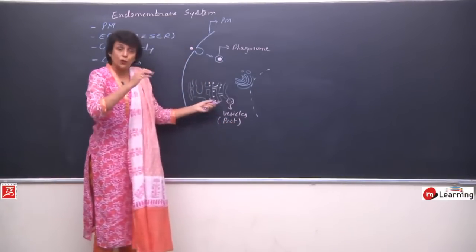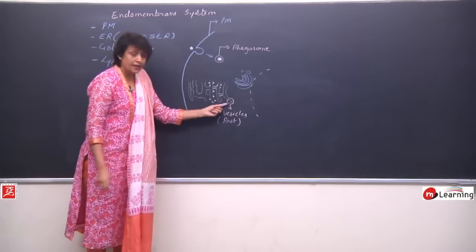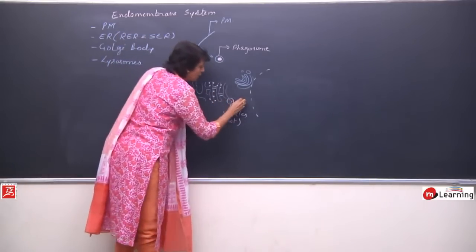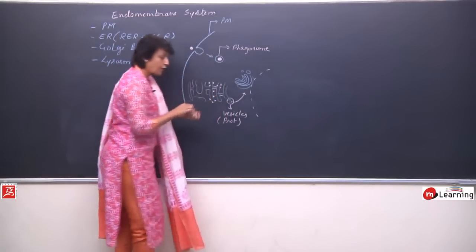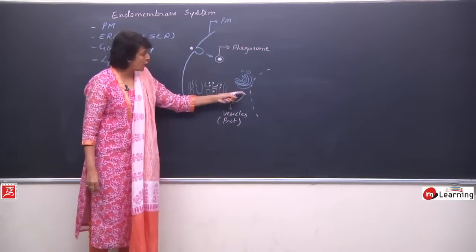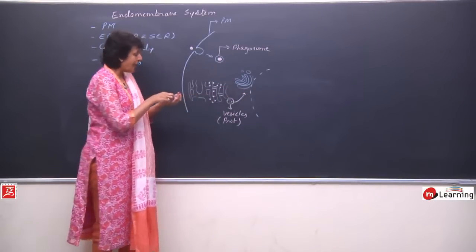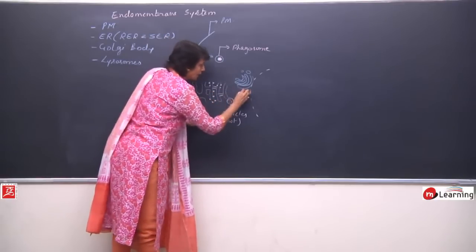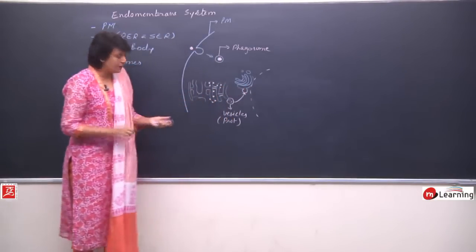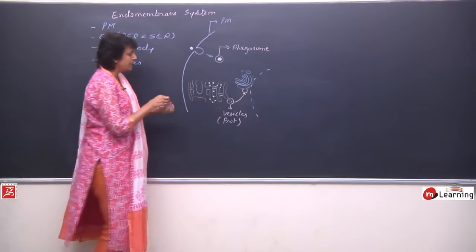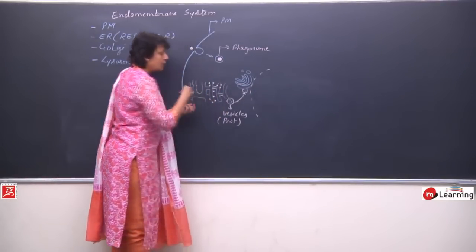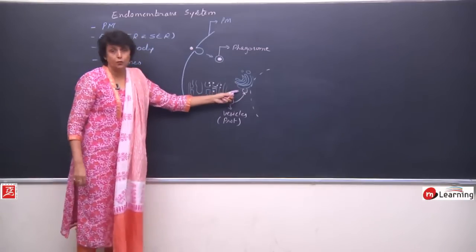They get transported from ER and will go to Golgi body. They will come closer to the Golgi body from its convex side, that is cis or forming face, and will join the Golgi body membrane. That means the protein which is present in this vesicle is now transported to Golgi body.